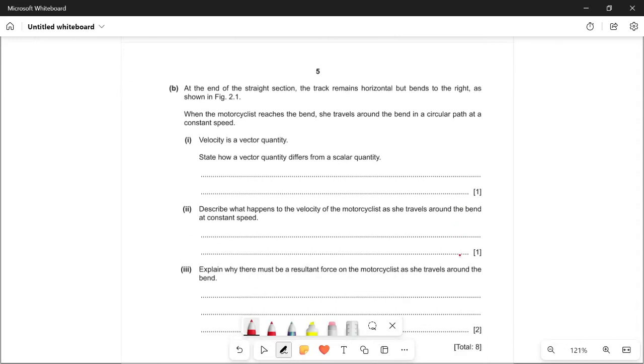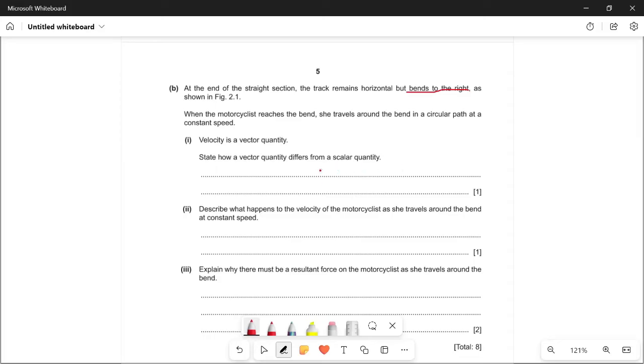B. At the end of the straight section, the track remains horizontal but bends to the right, as shown in figure 2.1. When the motorcyclist reaches the bend, he travels around the bend in a circular path at a constant speed. Velocity is a vector quantity. Show how a vector quantity differs from a scalar quantity.